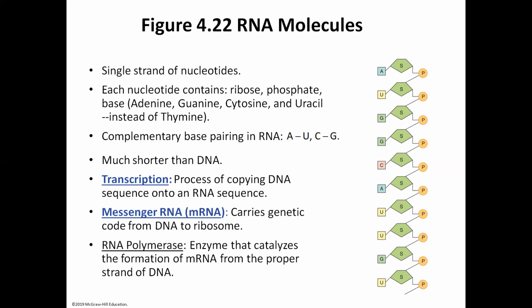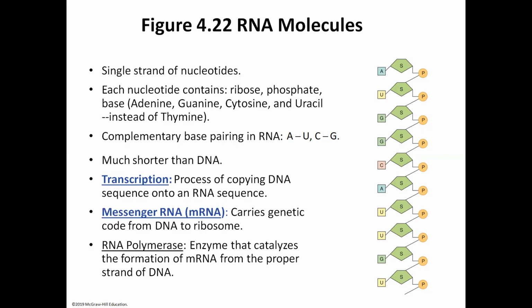And so what allows us to go from DNA to RNA, to actually transcribe the RNA and convey this message in a way that makes sense to make our amino acids, is something called transcription, this actual copying of the DNA into an RNA sequence. And in more detail, we actually use messenger RNA to make that happen.